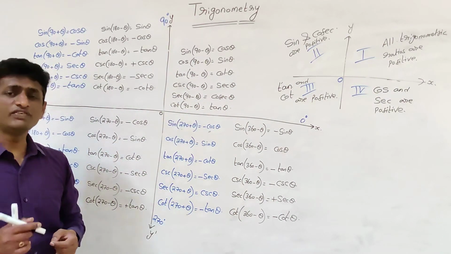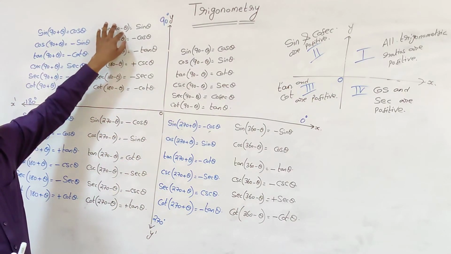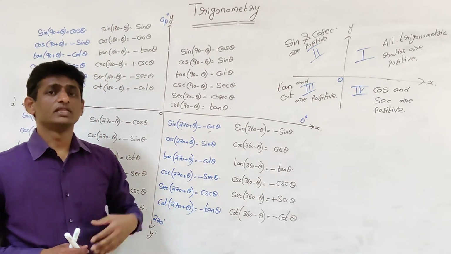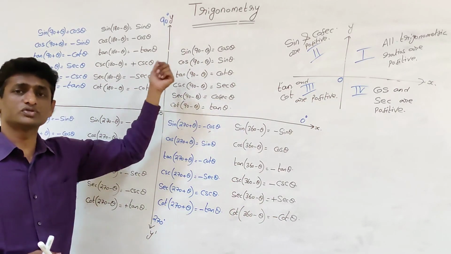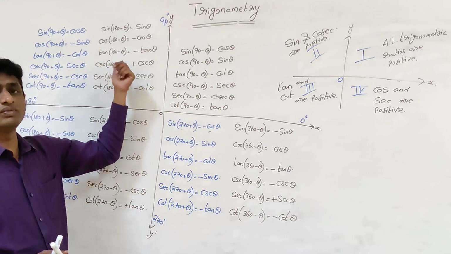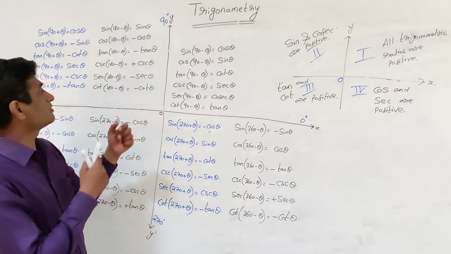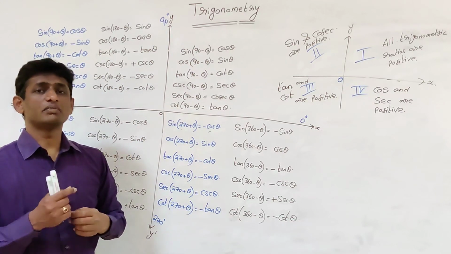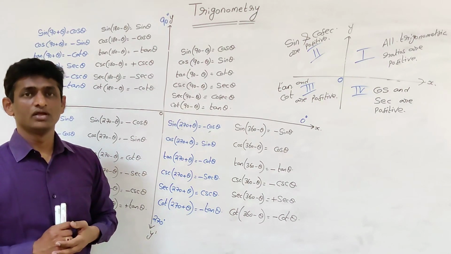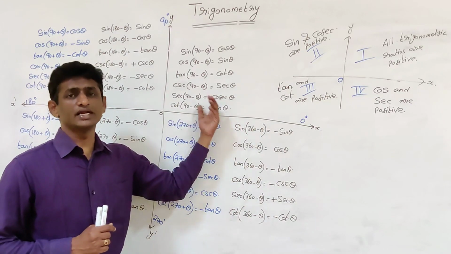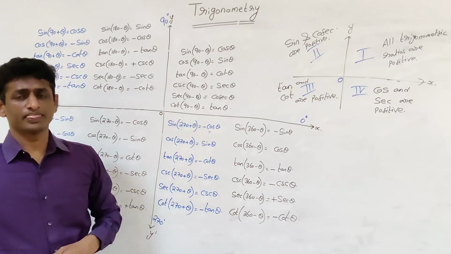If it is an even multiple of 90, like 180, which is 2 times 90, then the trigonometric ratio doesn't change. Sine becomes sine, cos becomes cos, tan will be tan only, cot will be cot, secant will be secant, cosecant will be cosecant. But the plus or minus sign is decided by the quadrant in which the angle lies, whether first, second, third or fourth quadrant. We will see in brief now.